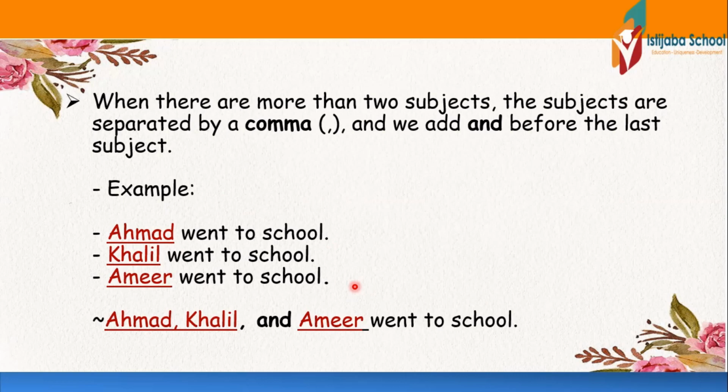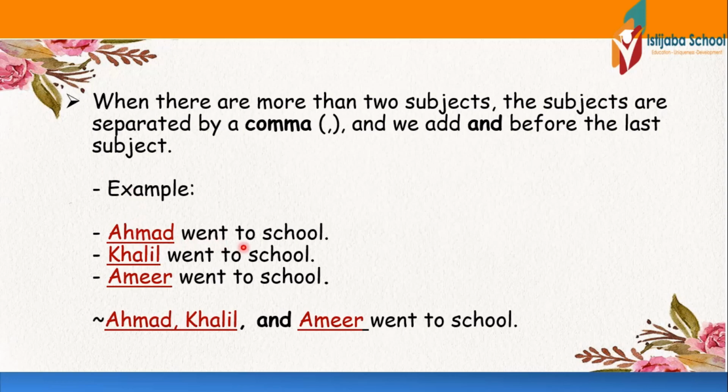If I have more than two subjects and I want to join them, I don't just repeat the conjunction, for example, and. What do I do in this case? I use a comma. So I use a comma to separate the subjects, and then I add the conjunction and before the last subject. Let's check the examples.